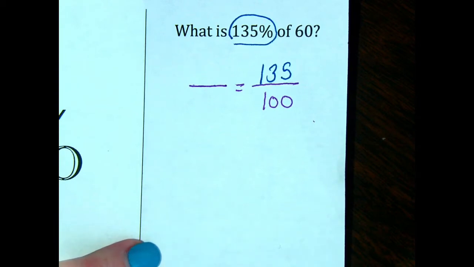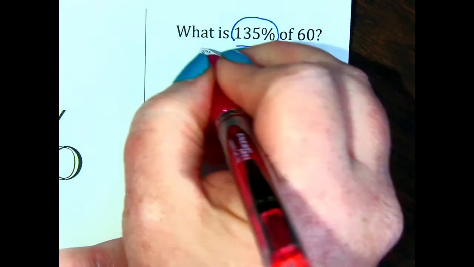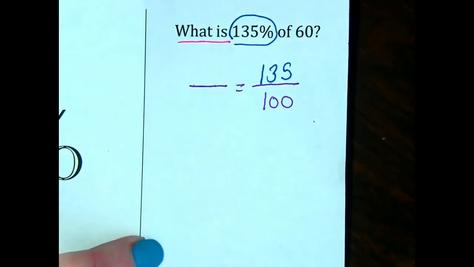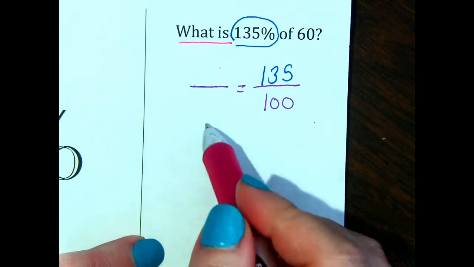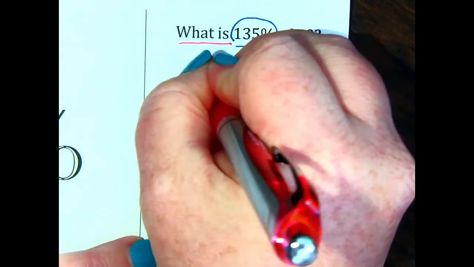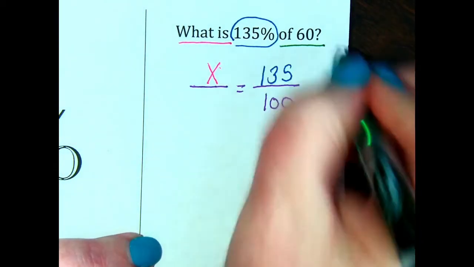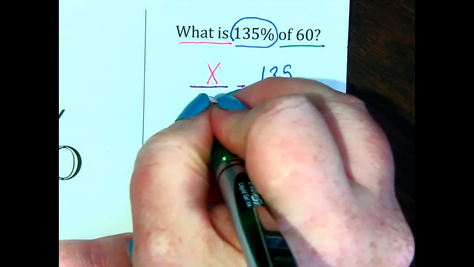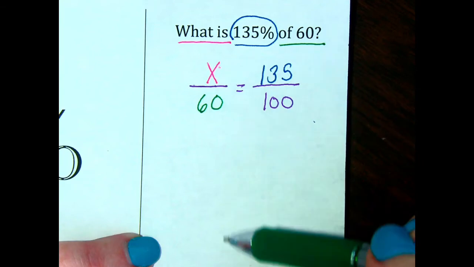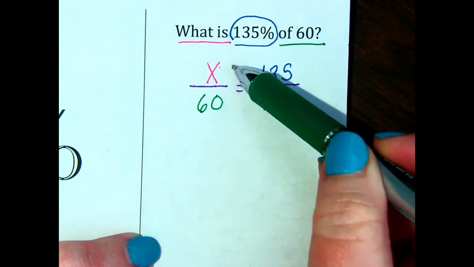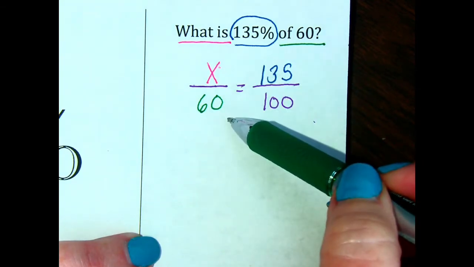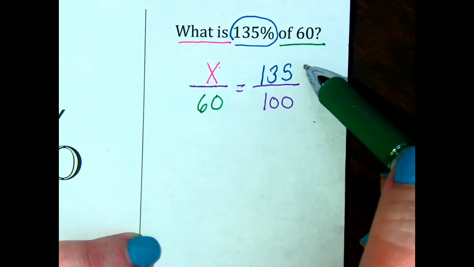Now it's asking me what is. So that should tell you what is over of, so my x, or my variable, is going to be here, and of 60, 60 goes in the denominator. Another way to look at it is what part of 60, or the whole, is equal to 135%.